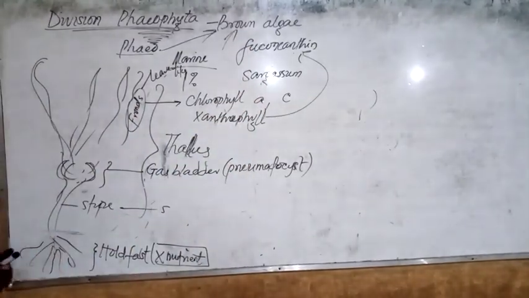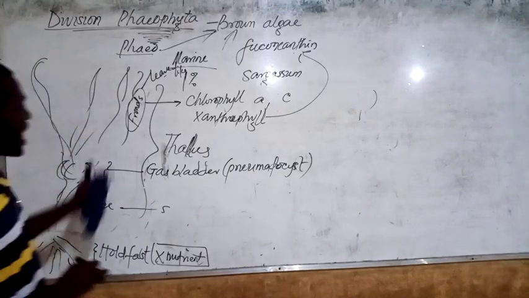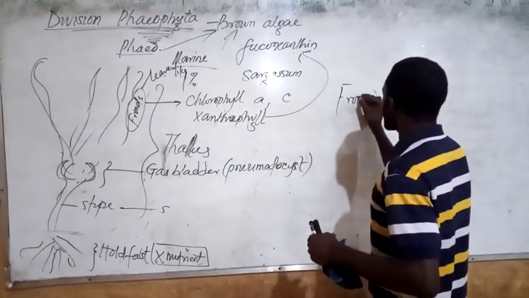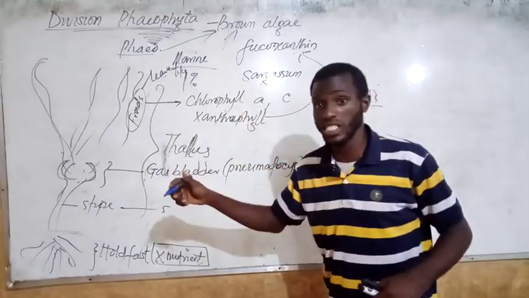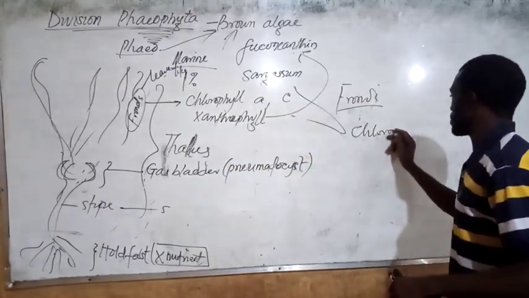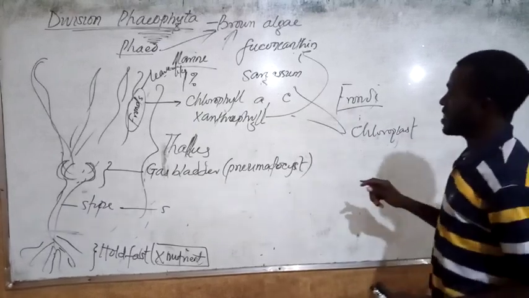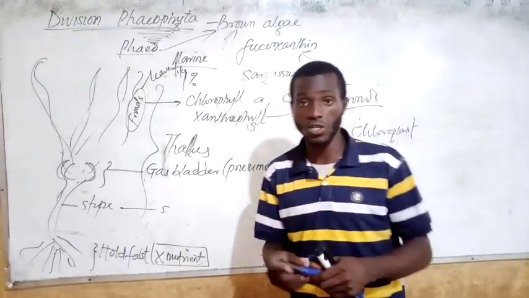Alright, so that is that about the structure. Now, let's dive deeper into this frond. Now, this frond we said contains photosynthetic pigments in their chloroplasts. So they have chloroplasts in their cells, and what is the fundamental function of the chloroplast?